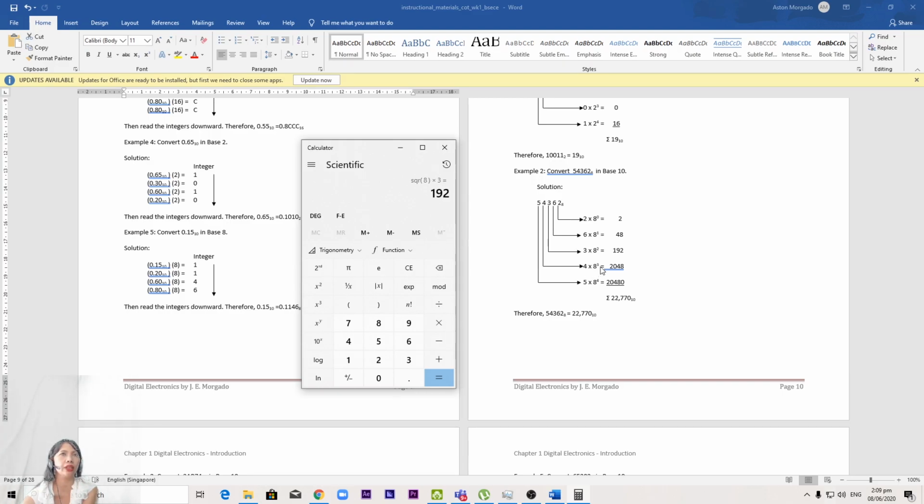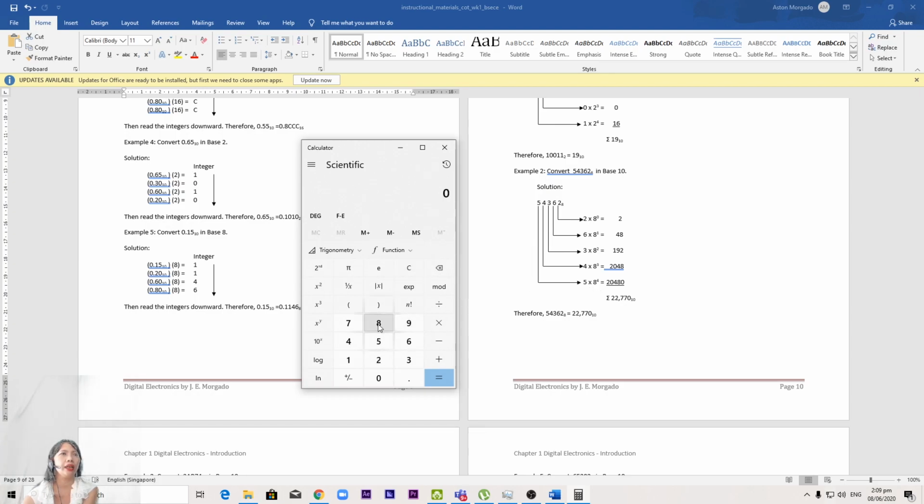That is the weight of this digit. So let's try. 8 raised to 3 times 4 is 2048. And last, we have 5 times 8 raised to 4.